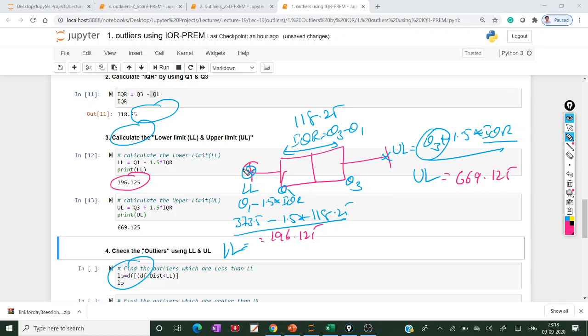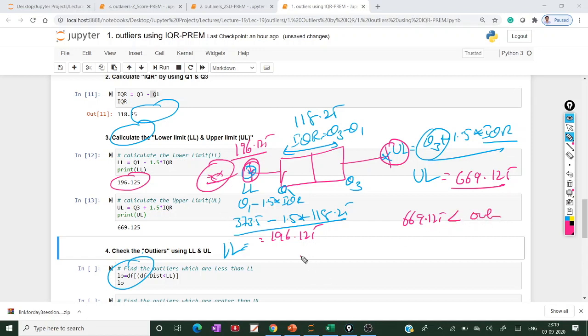So this is the limit. The values less than this lower limit, 196.125, are the outliers. And the values greater than the upper limit, 669.125, are also the outliers.